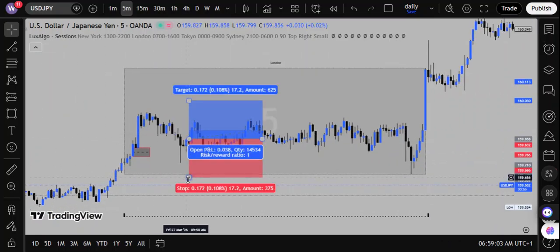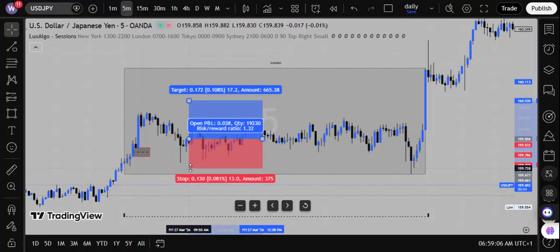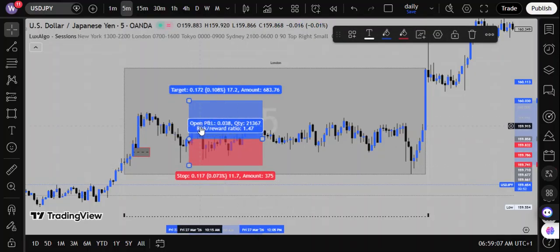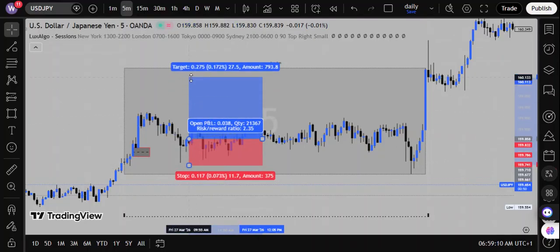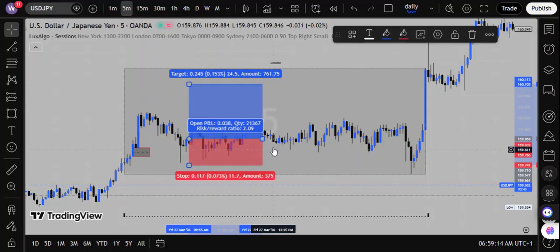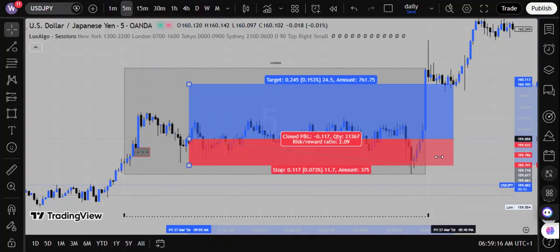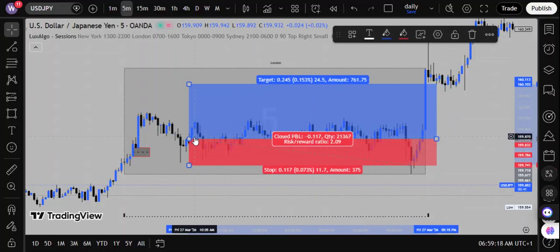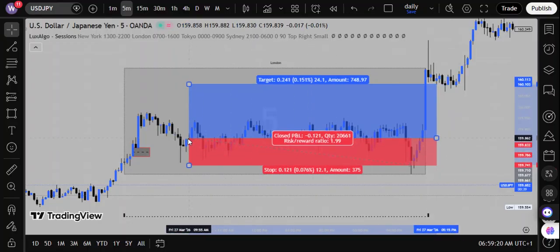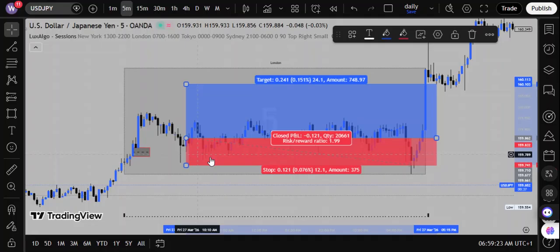With this, your stop loss is just below that FVG zone, and target a 1 to 2 risk to reward ratio. Let's see whether we hit take profit. Yeah, we hit take profit with this same entry. So with this, we're able to fine tune our setup.